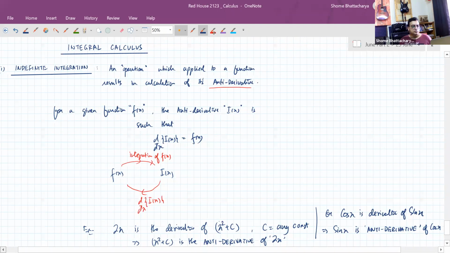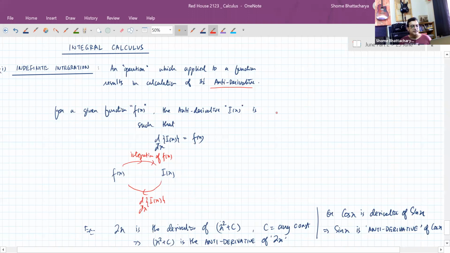Just make a brief note of this definition of antiderivative, then we'll continue further. We'll see that it's very easy to understand integration, because it's just a reverse process of differentiation.